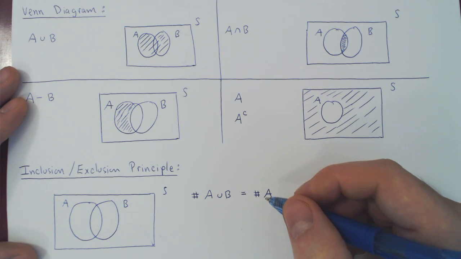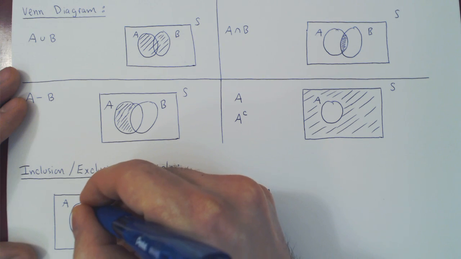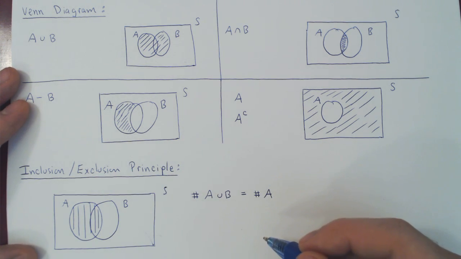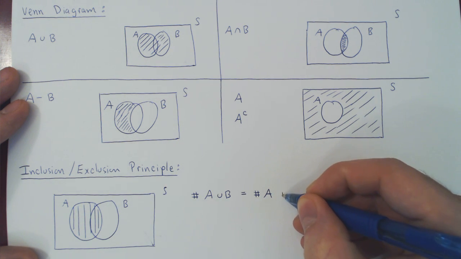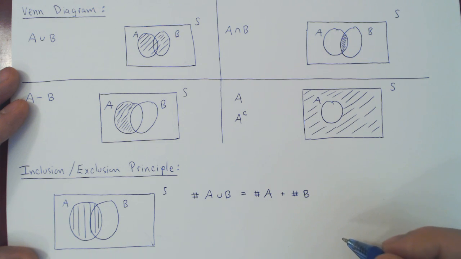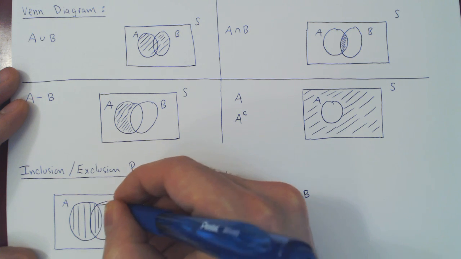And I'll shade A now with vertical bars. So we've counted every element in A once. Okay, well we're missing now the elements in B. So let's add plus all the elements in B. Let me count them using horizontal bars.